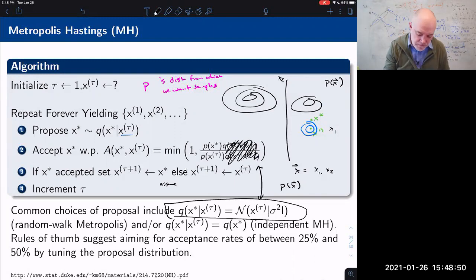Okay. So if that's the case, then what's the value of x2? You have x1, we've sampled from Q, it's a symmetric Gaussian. We've got x star. This is x star. What's the value of x2? Is it x1 or x star?